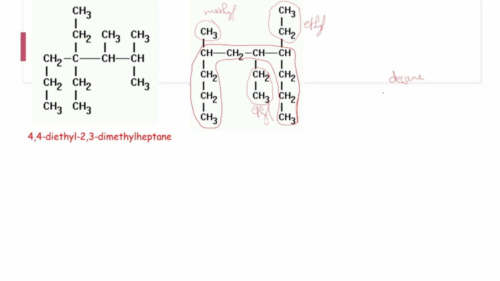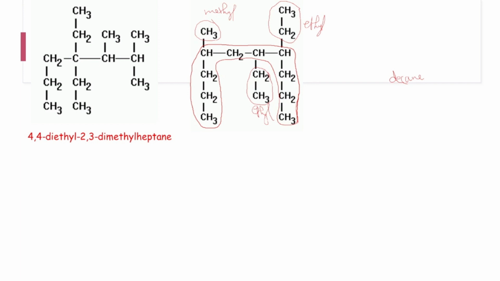Now we come to the next step. The next step in the IUPAC naming system is to put numbers for the substitutions, but those numbers should be the least possible numbers.